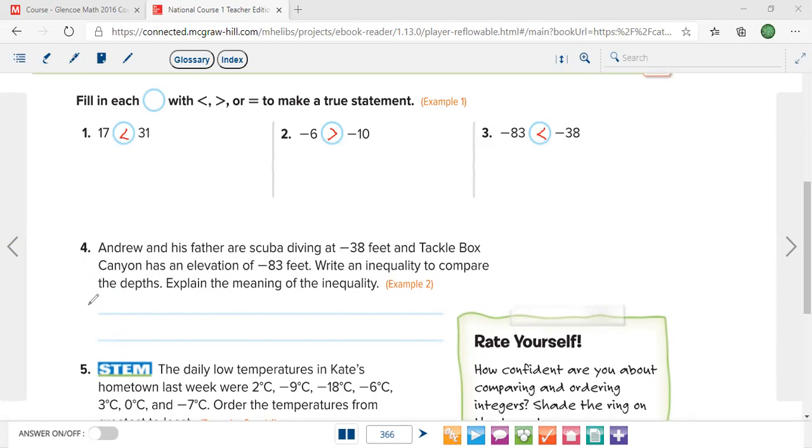So for sure we are going to say -38 feet is bigger than -83 feet. Now they are asking us to compare this one and this one.